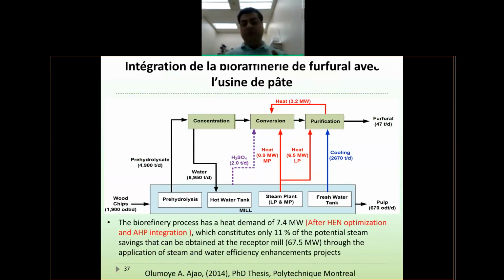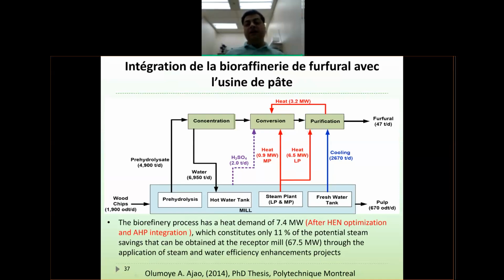You are at a very good point. This is another overall schematic of energy saving, especially once you integrate a biorefinery to another existing factory, for example, pulp and paper.